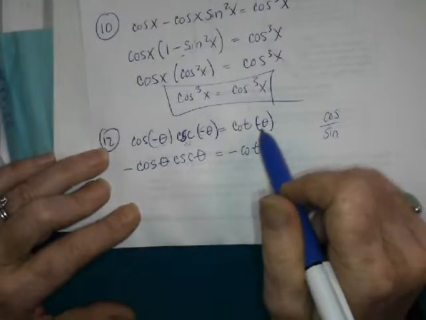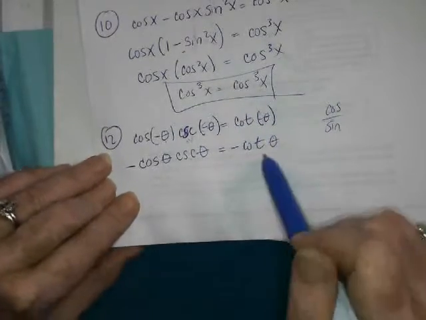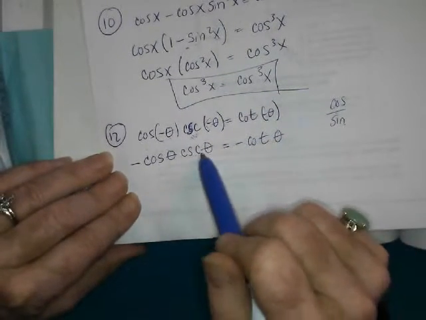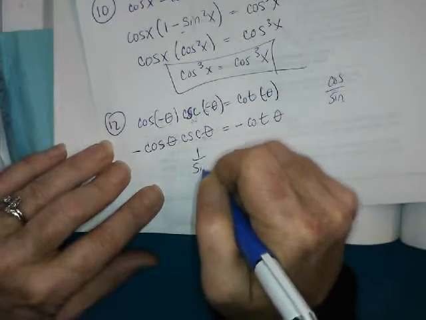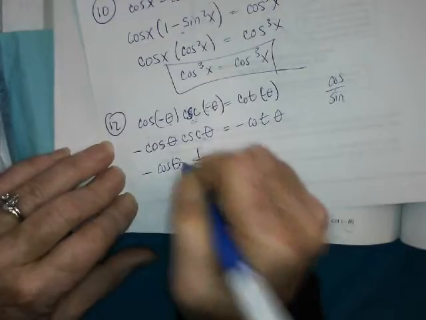Actually, I shouldn't have even changed that side. I should have left it alone because that's the rules of the game. But so this thing can be written as 1 over sine, and this is written as cosine theta.